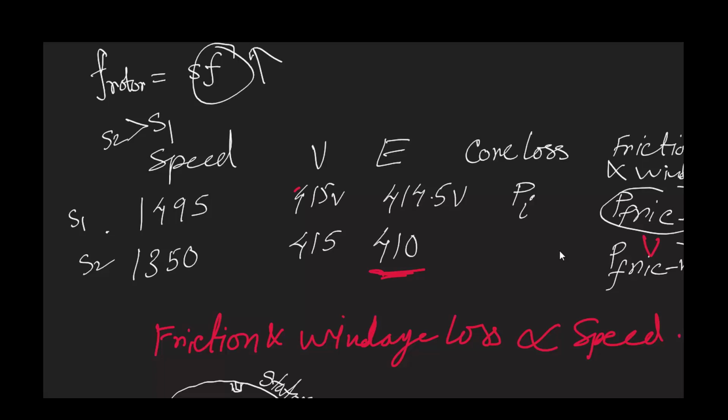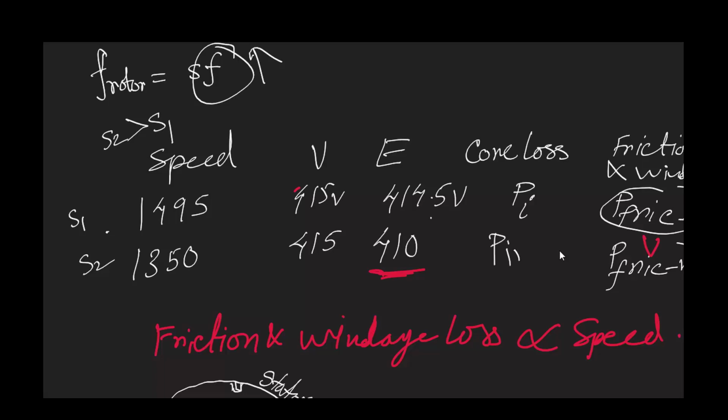We do not separate how much core loss is contributed by our stator body and how much is coming from our rotor. We consider the whole machine and its core loss. So here what would happen?